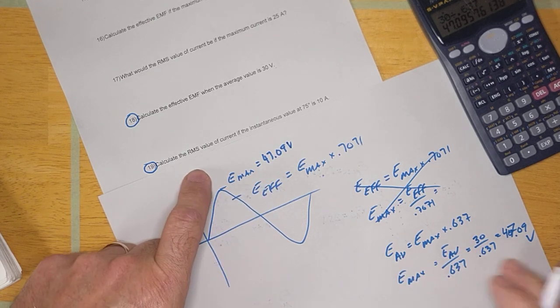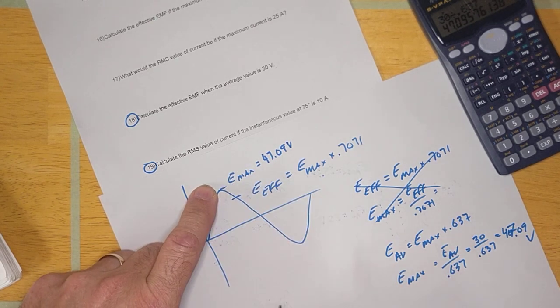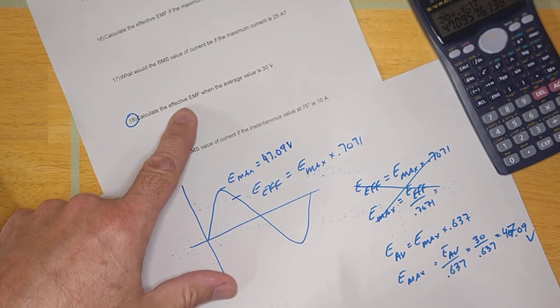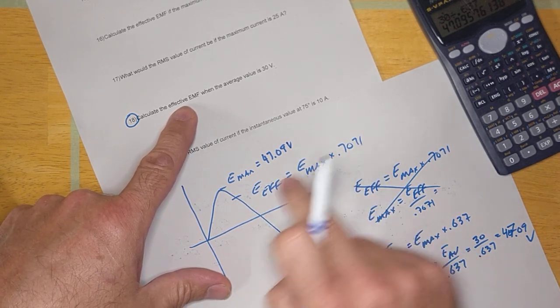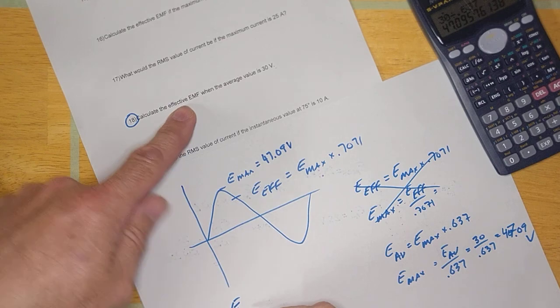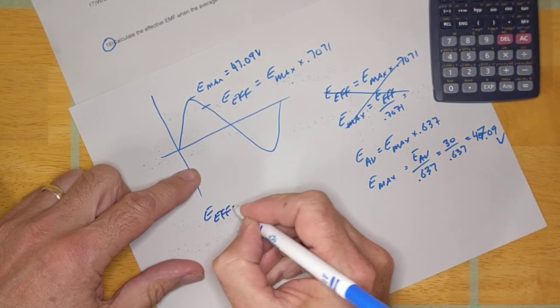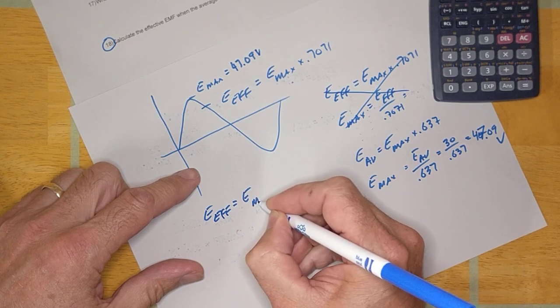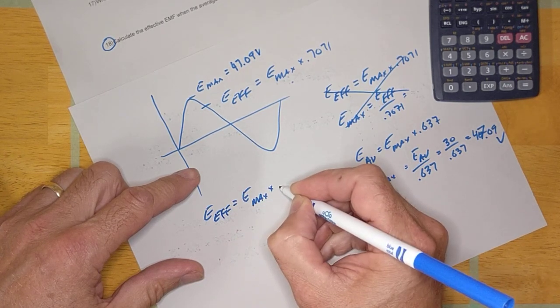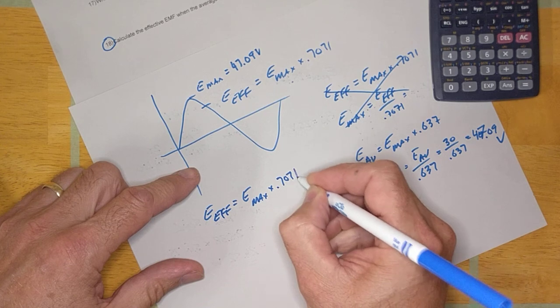All right, guys? So now that I know my max voltage, I can calculate my effective voltage using this formula right here. E effective is going to be E max times 0.7071.